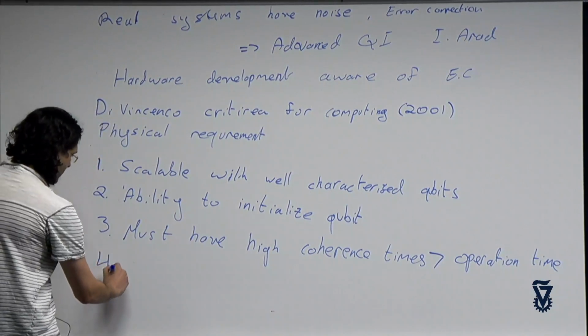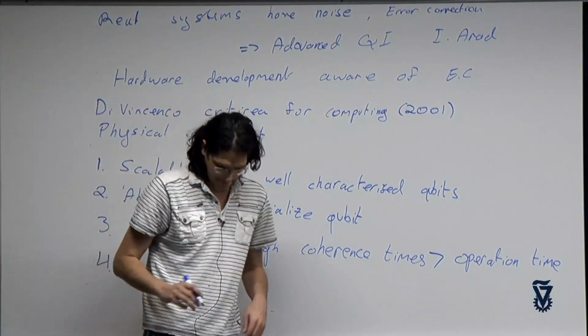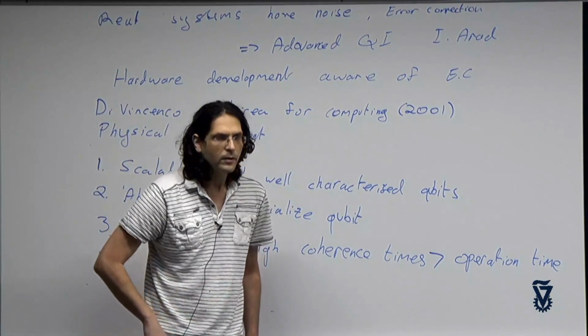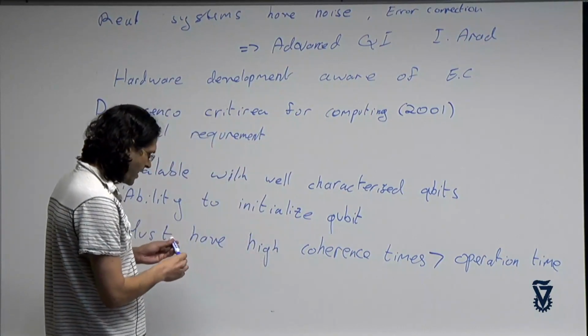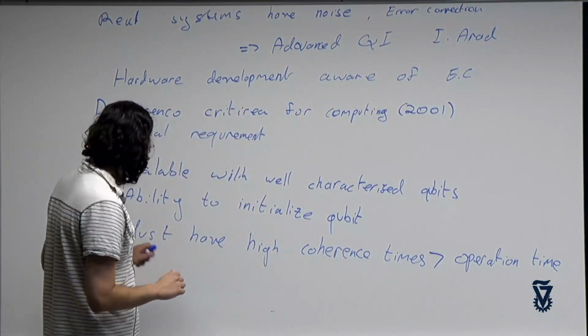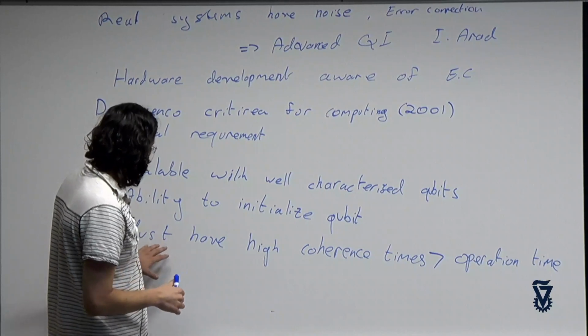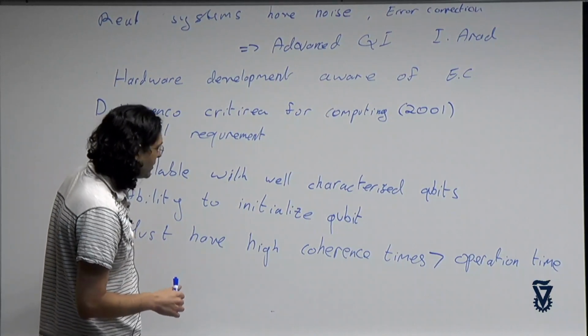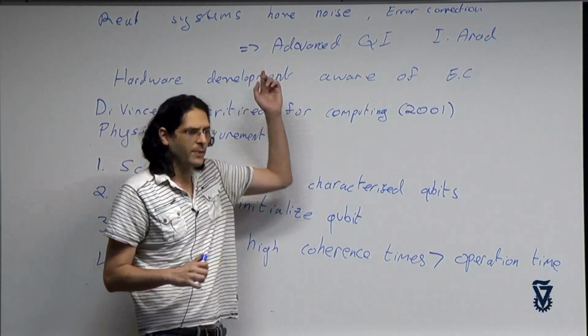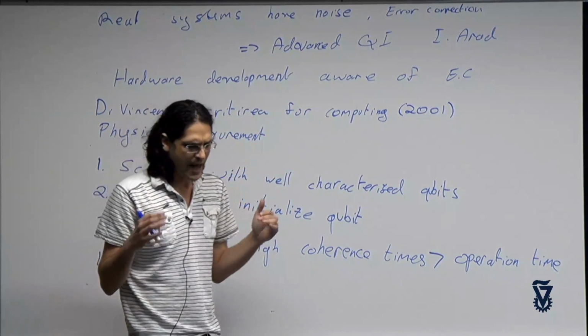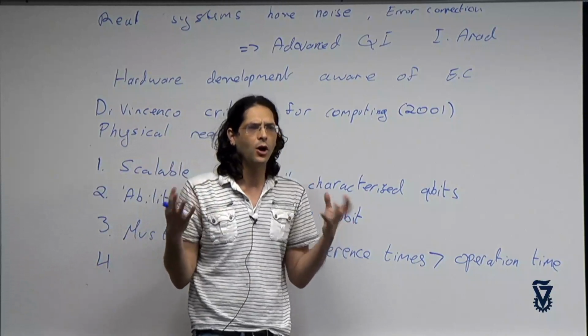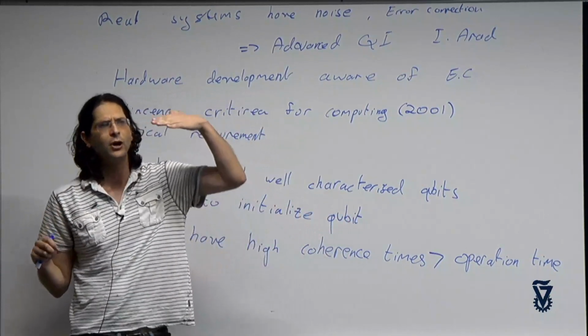Don't we have to compare it with the error correction time rather than the operation time? Well, this is very general. If you're thinking about error correction in the future, every error correction code at the end has some threshold.